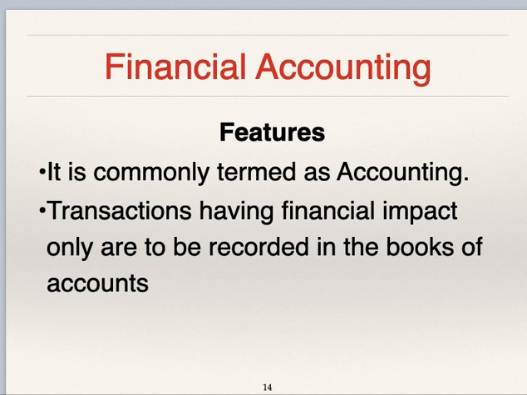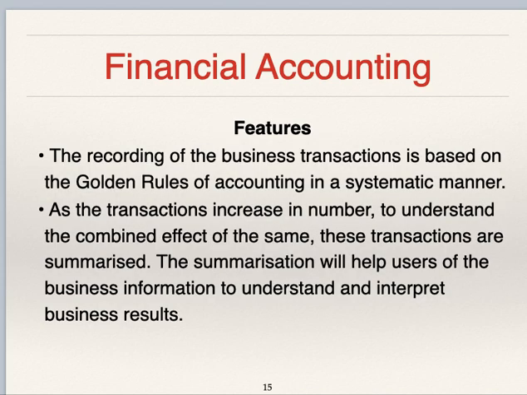But unless the transaction is finally entered into, it will not be recorded in the books of accounts. Few more features of financial accounting. Recording of business transactions is based on golden rules of accounting in a systematic manner.